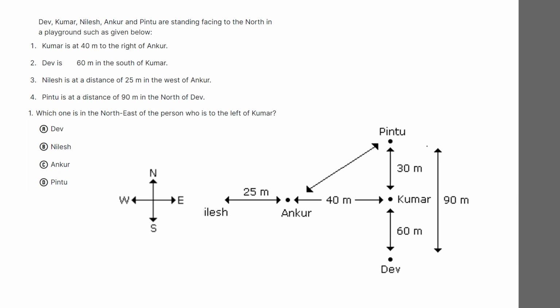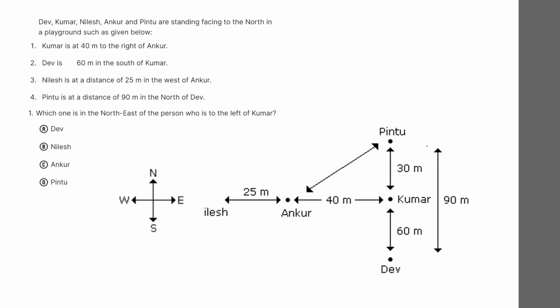So these two things are common now. The distance between Ankur and Kumar is 40 meters. So this is a clear cut sentence which is explaining us Ankur is standing, and to the right of Ankur, Kumar is standing at 40 meters.